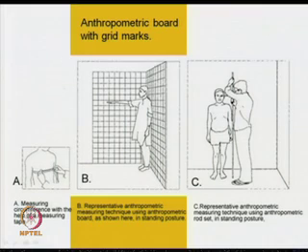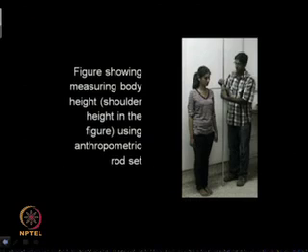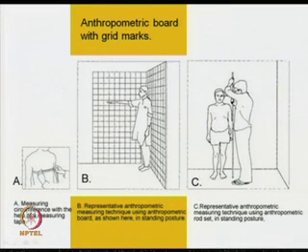With this board, if a person stands and extends his arm, the height, length, breadth, thickness etcetera can directly be read from the grids.